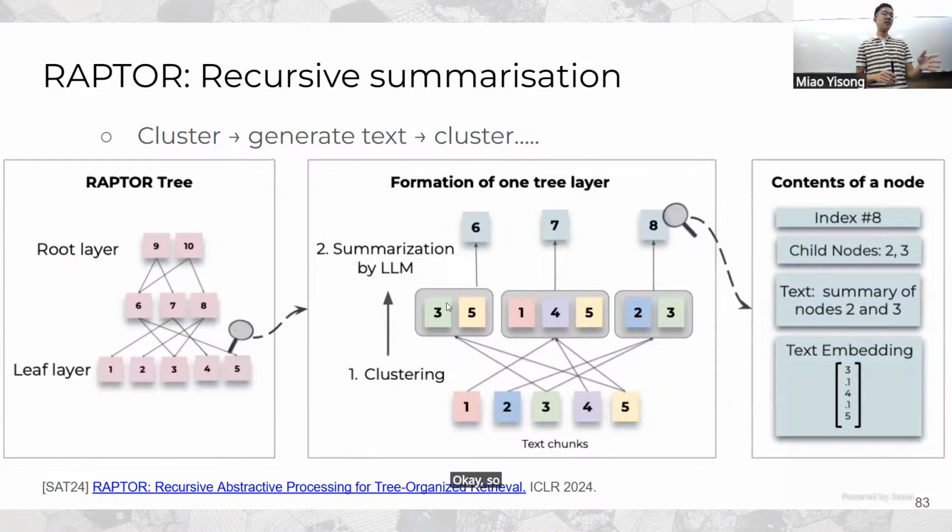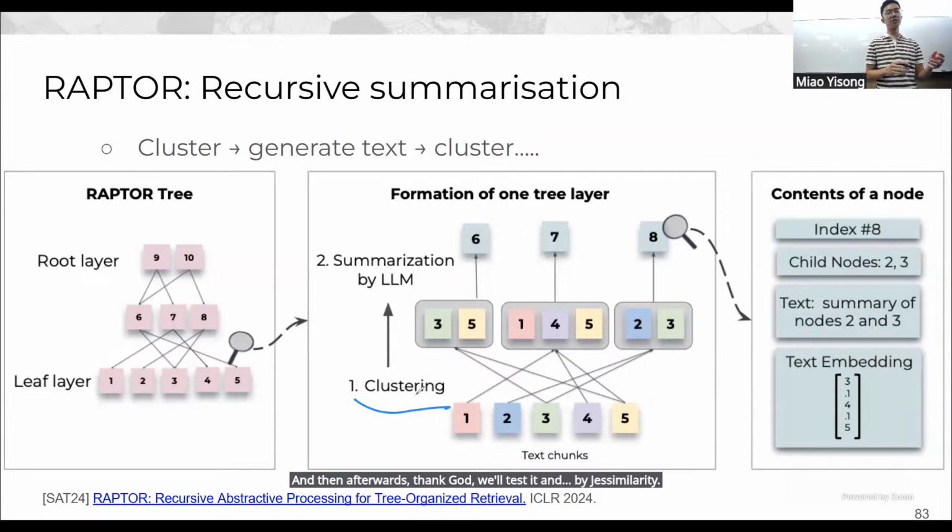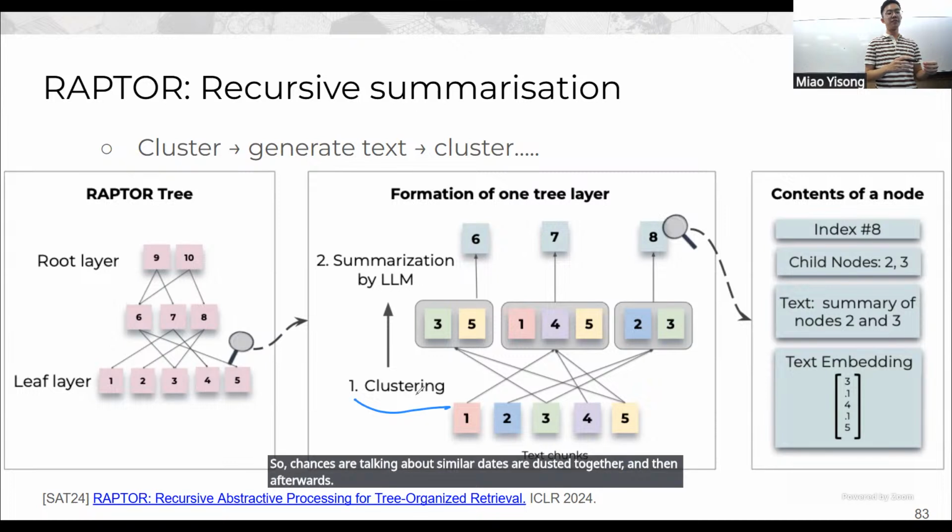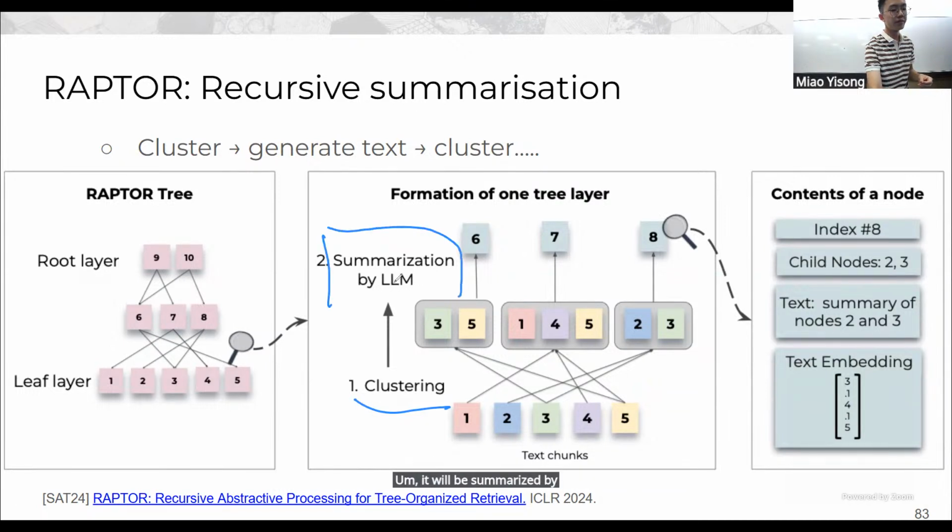Okay, so this paper's implementation of recursive summarization is a sort of recursive clustering. How they do it is that firstly, you break all the text in your retrieval corpus into maybe 100-token chunks. And then afterwards, you cluster them by their similarity. So chunks that are talking about similar things are clustered together, and then afterwards, they will be summarized by an LLM.